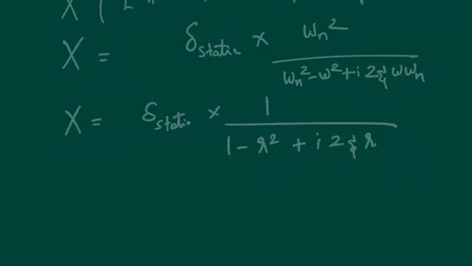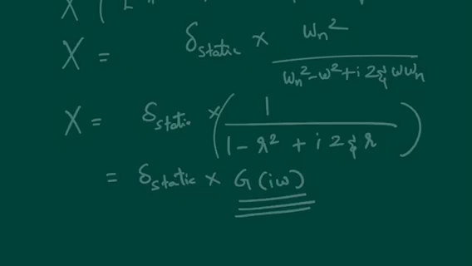Now let's say I'm calling this new term g of i omega. This is called the frequency response. We will talk about this in detail, so for the time being just assume that this is known as the frequency response.